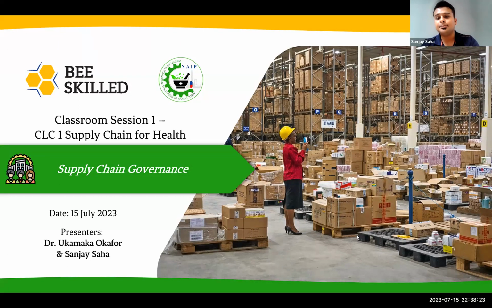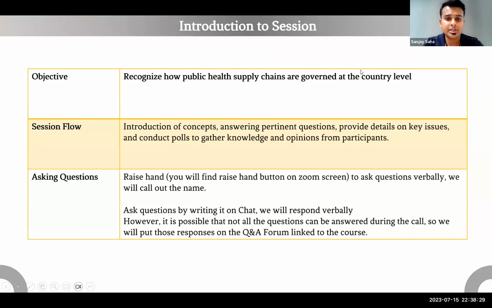Okay, with that, let us begin today's session. Let me just introduce the session. Today we are going to talk about supply chain governance. It is a very broad topic, and a lot of the time it goes unanswered, I would say, because it's something a bit more strategic at a leadership level.